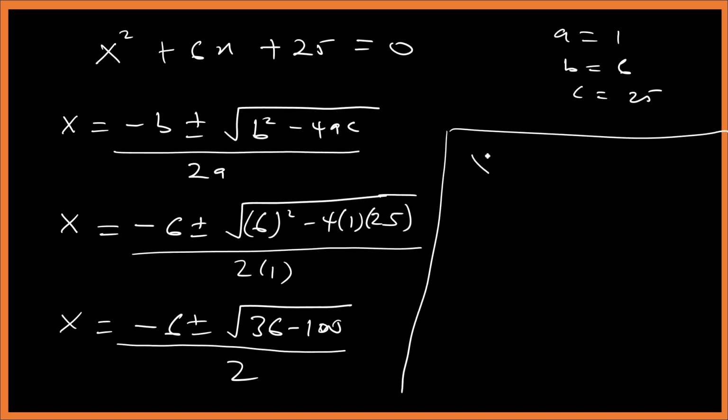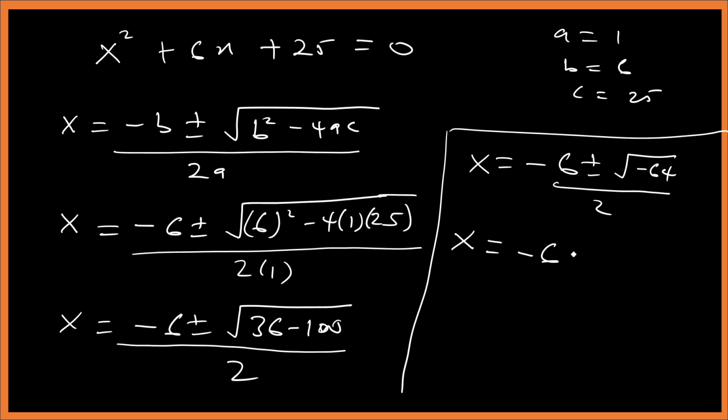Okay, so we have x equals minus 6 plus or minus square root of minus 64 on 2. So x equals minus 6 plus or minus. This side will be square root of 64 times square root of minus 1. Square root of minus 1 is i from complex numbers.